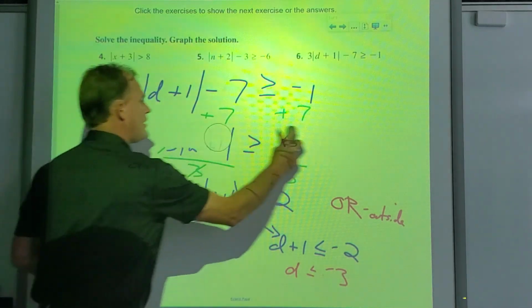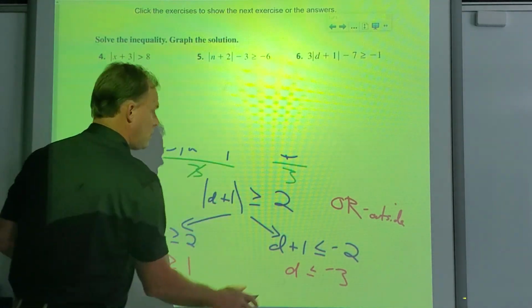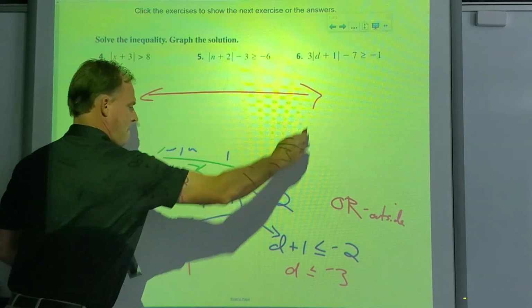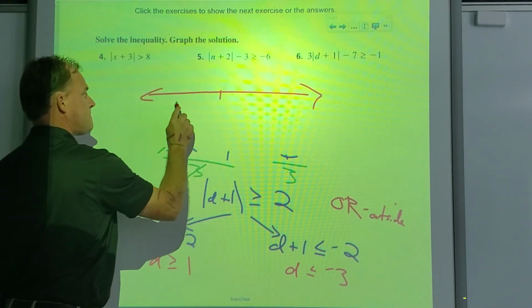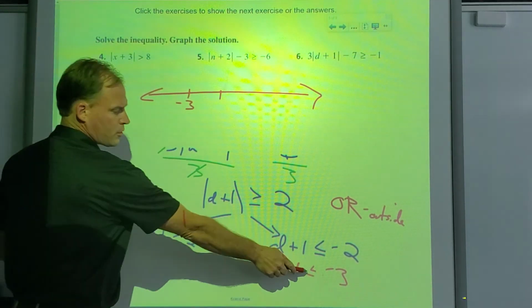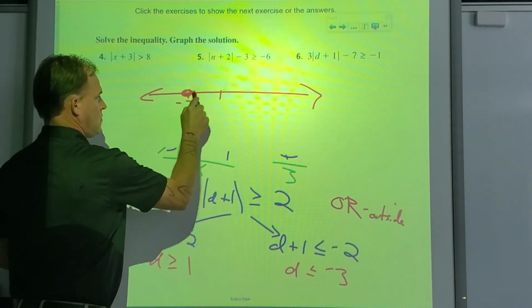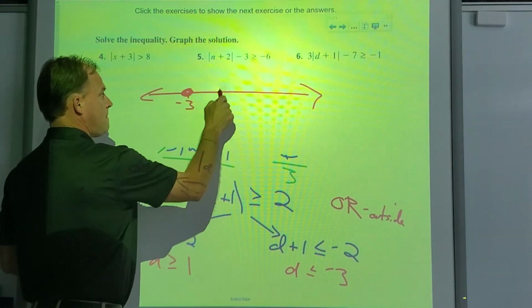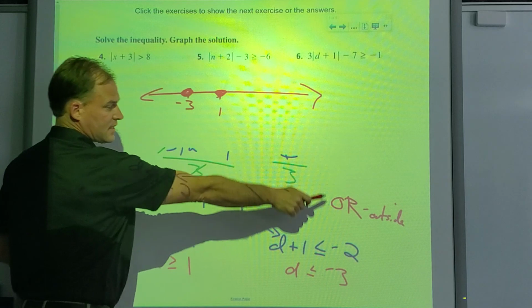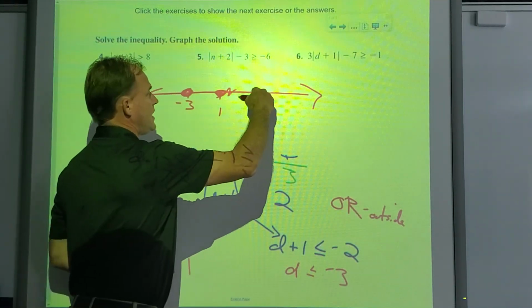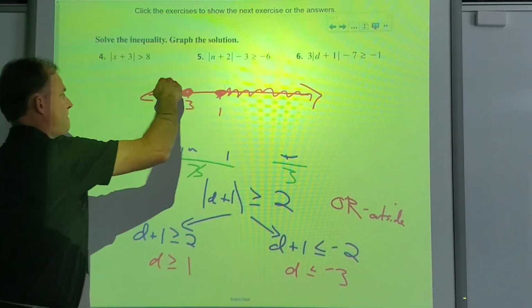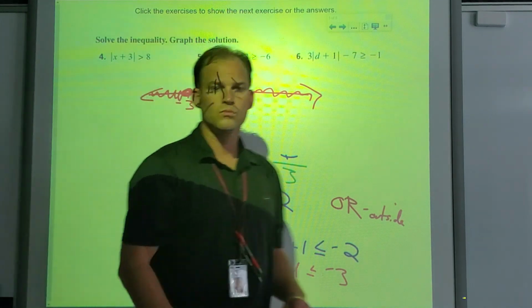So my graph, open or closed? Positive 1. And since I know it's an or, I know I shade the outside, I'm shading that way.